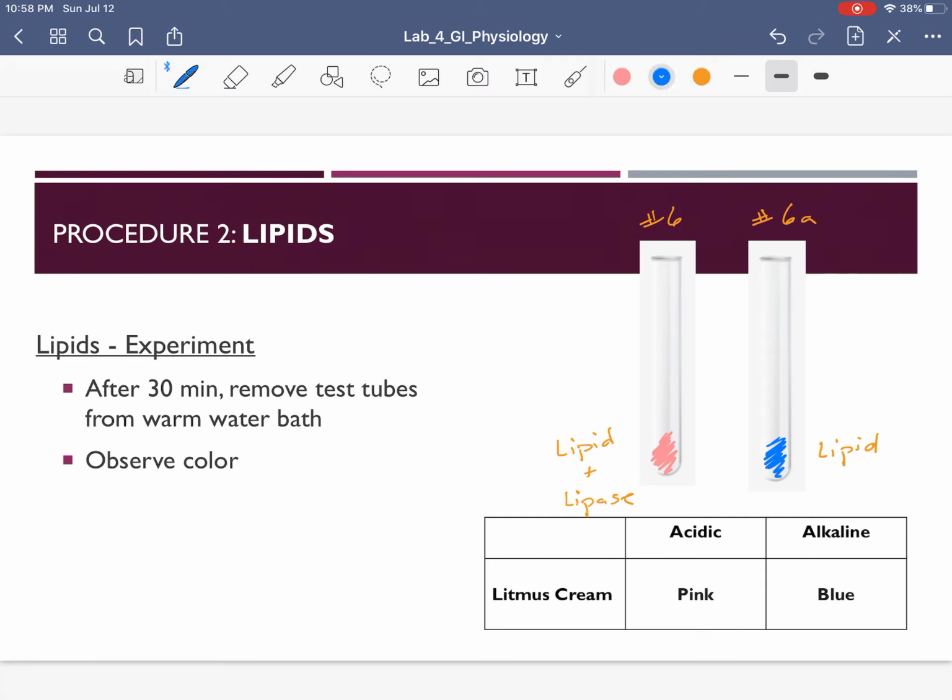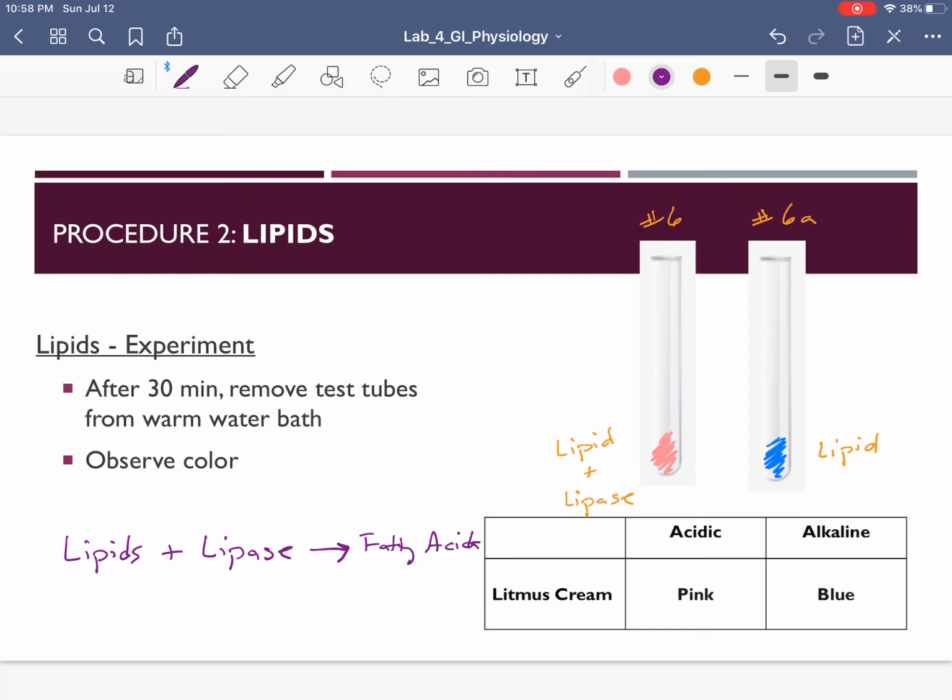Now I'm going to refresh your memory here because I think it'll help you understand what we're doing. Back at the beginning of this lab experiment, when we were going through a review, we said that lipids use the enzyme lipase. And what do we break down lipids into?